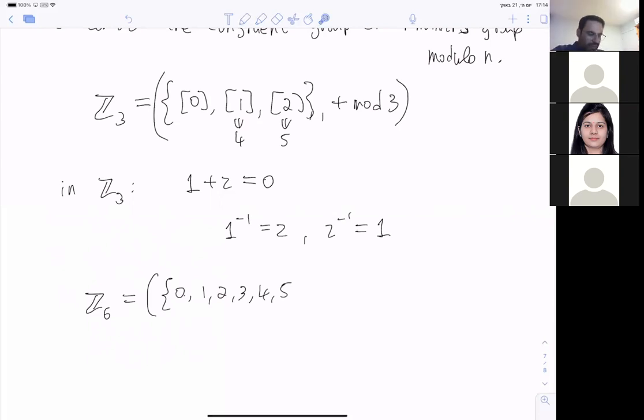Because 1 plus 2 is 3, and 3 belongs to this element, which is the neutral element. 3 modulo 3 is 0. Yes, once you get to a number that is a multiple of 3, then it's 0, because modulo 3 it has no remainder.